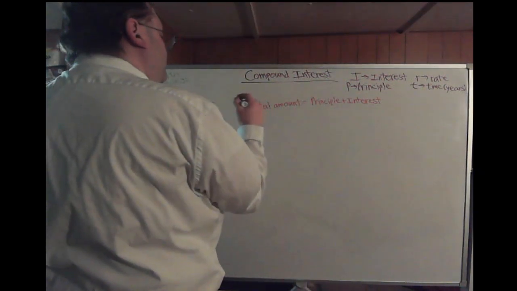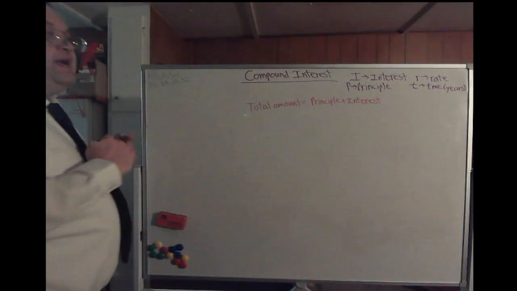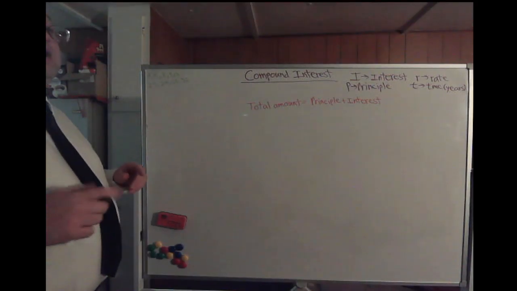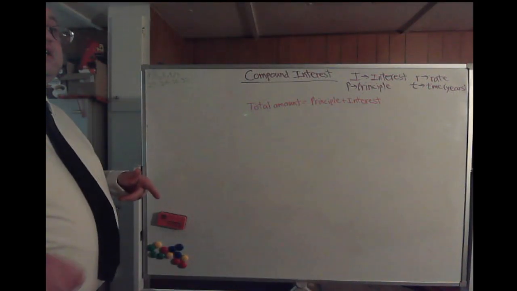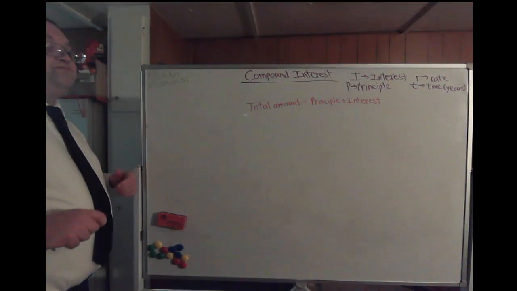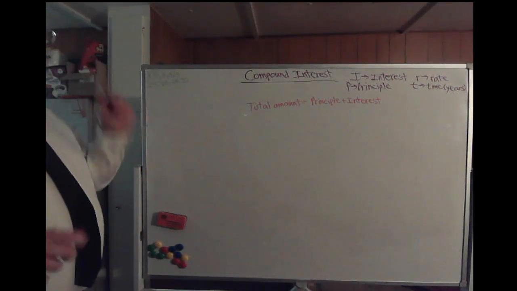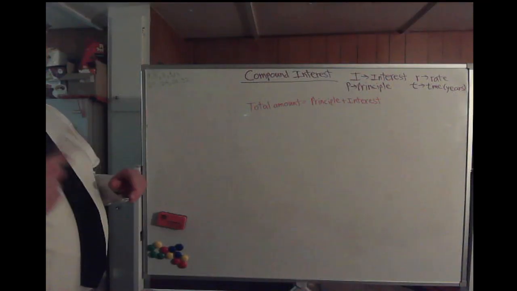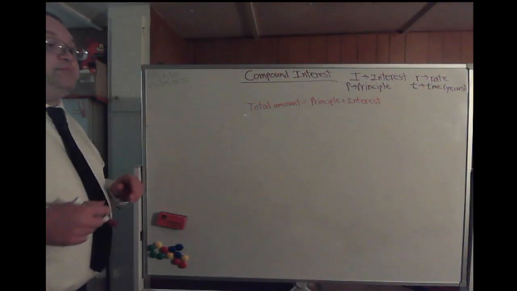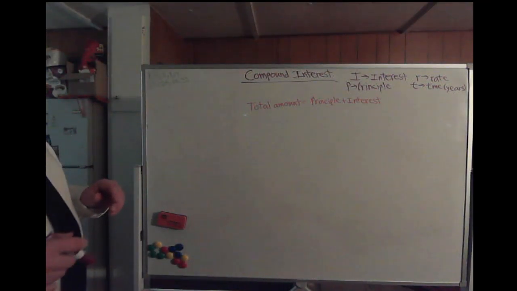All right, so the formula. So what is compound interest? Compound interest is when you have interest assessed on top of interest. Good examples of those are specialized savings accounts such as CDs. They have compound interest and they can pay real well.